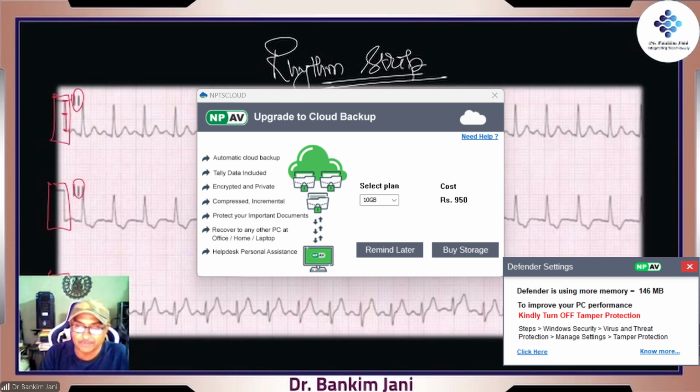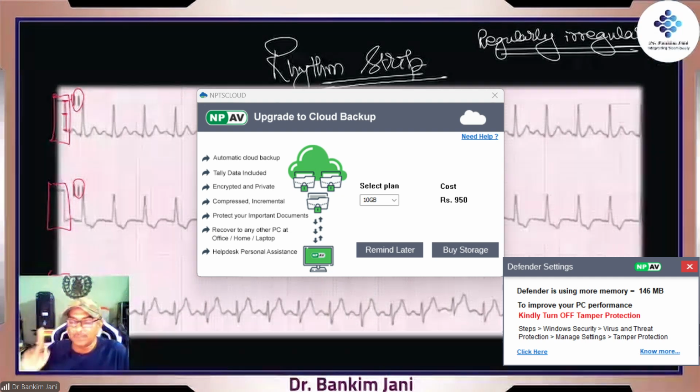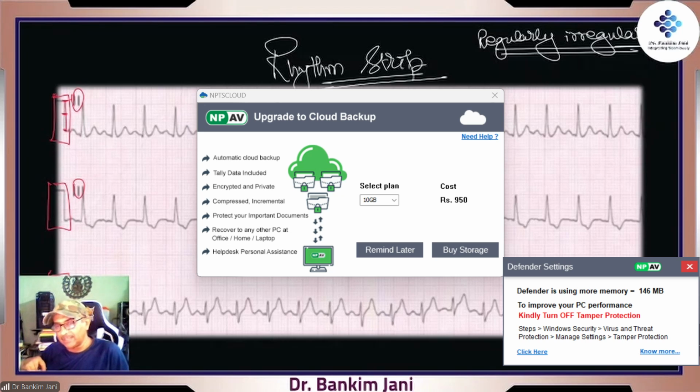Variations are of 2 types: regularly irregular or irregularly regular. Not at all confusing. It is regularly irregular. Just understand the difference between both. Regularly irregular means, let's say 1 beat is dropping, but it is dropping regularly.